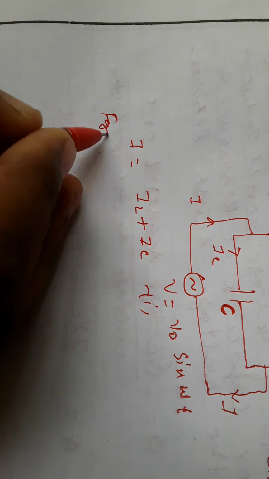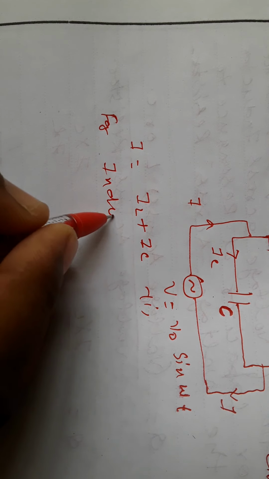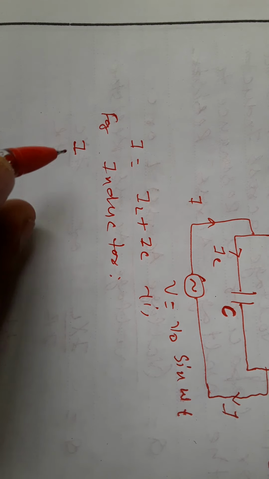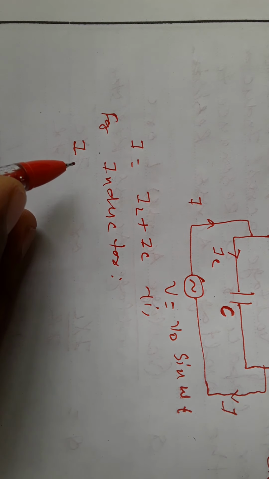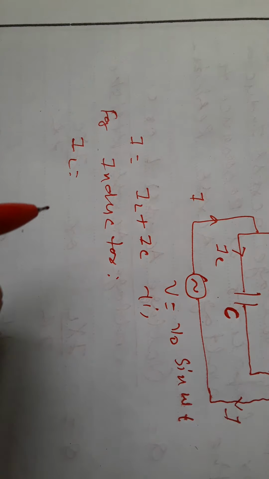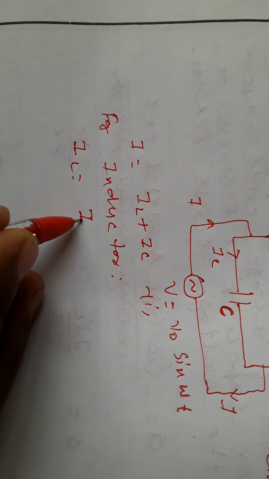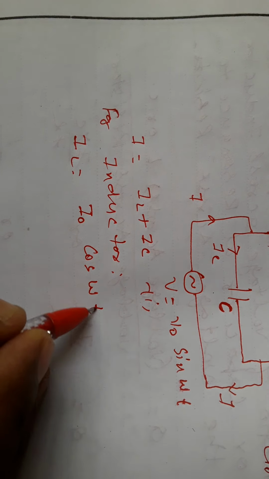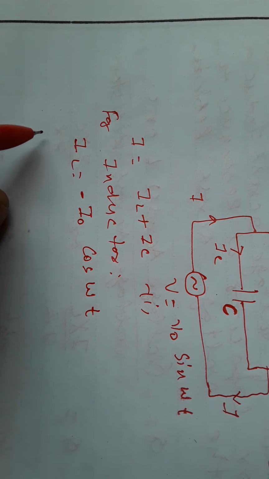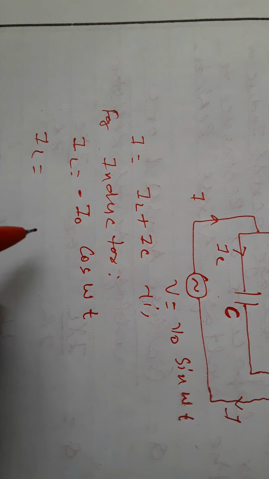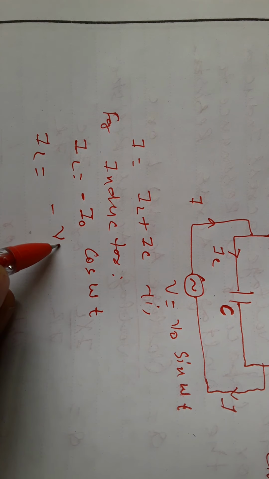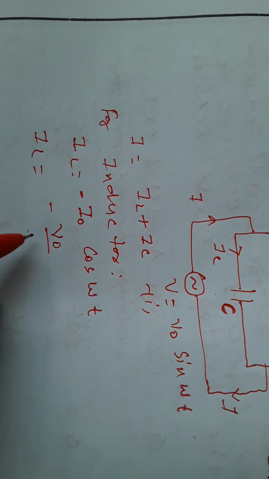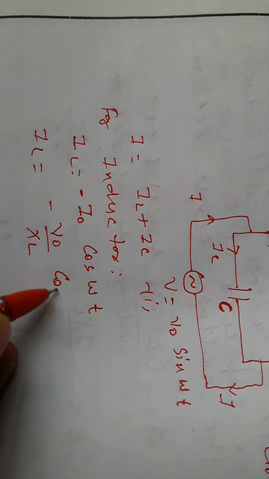For the inductor, we know IL is equal to minus I naught cos omega t, and I naught is equal to V naught upon XL, so IL is V naught upon XL into cos omega t.